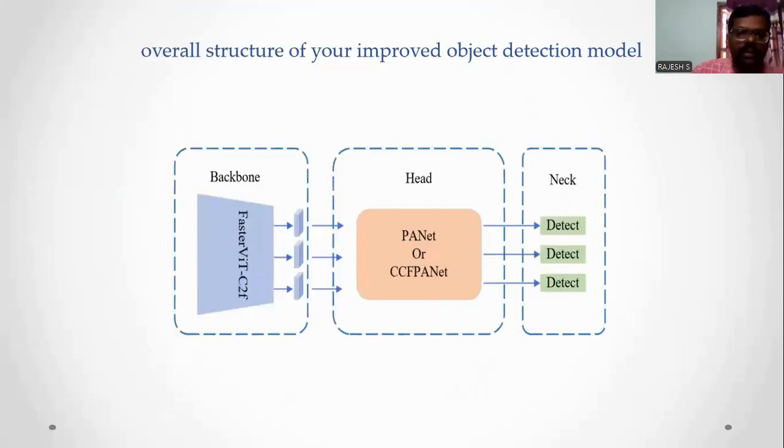Now, second one, the overall architecture of the improved object detection model. Here we find a backbone, head, and neck. The backbone studies the pictures and picks the important details of the image.